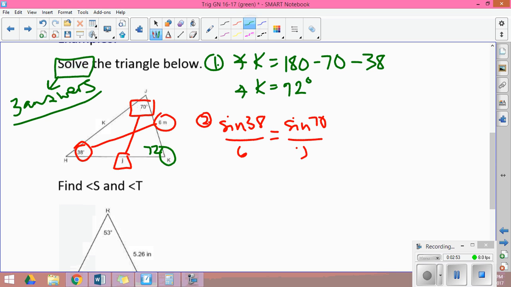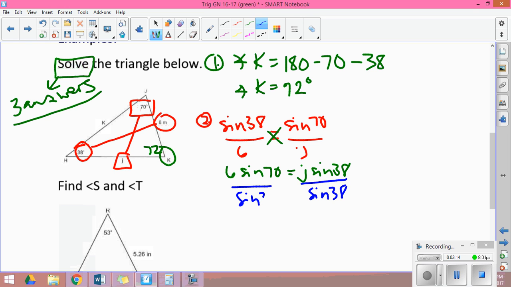So now I have a cross multiply problem. And so I have 6 sine 70 is equal to j sine 38. And remember, the sine of 70 and the sine of 38 are numbers. So now I want to get j by itself. So I divide both sides by the sine of 38. And I go to my calculator because those are going to cancel.